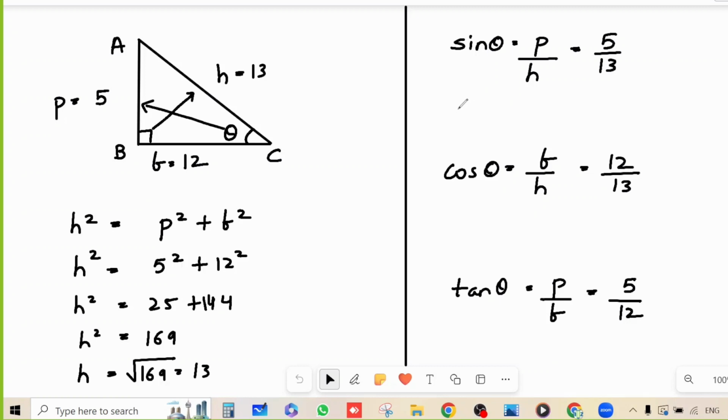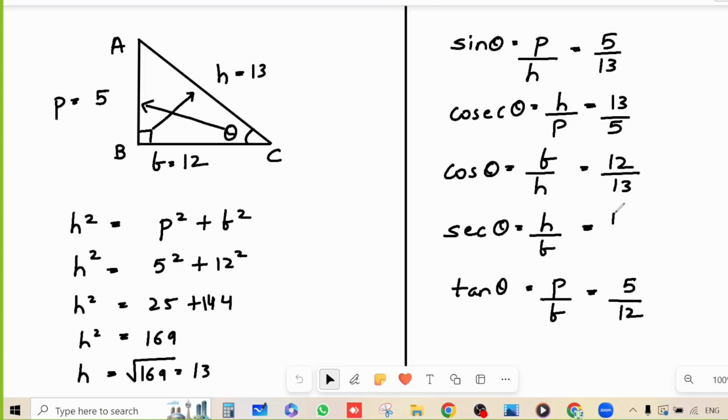Now the value of cosec theta is just the reciprocal of sin theta, that is h upon p, which is equal to 13 upon 5. The value of sec theta is equal to h upon b because it is the reciprocal of cos theta. So that will be equal to 13 upon 12, and the value of cot theta is equal to base upon perpendicular, which is equal to 12 upon 5.